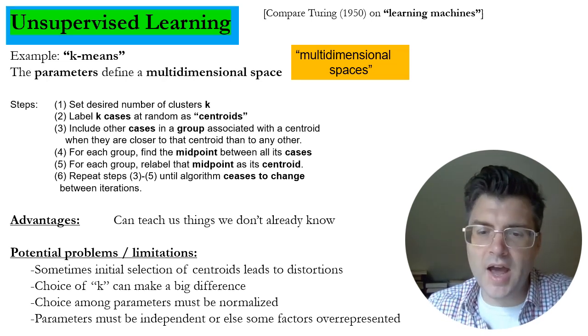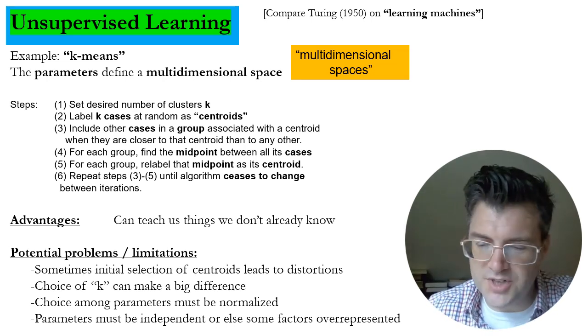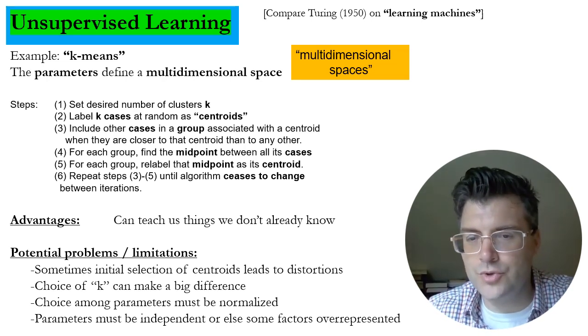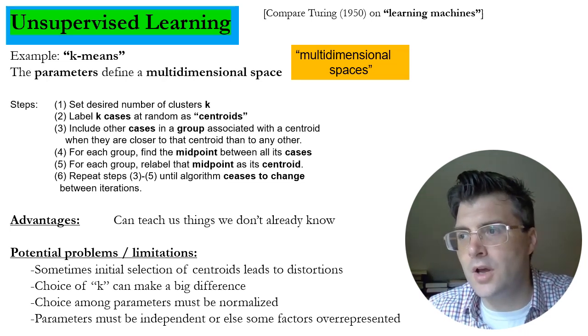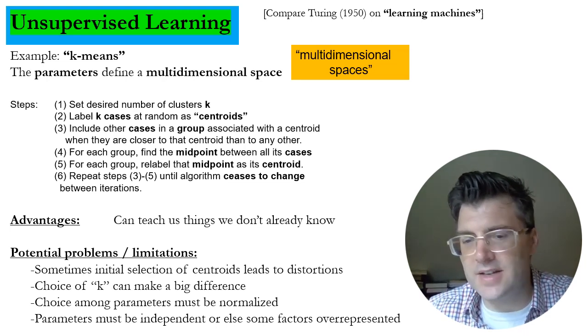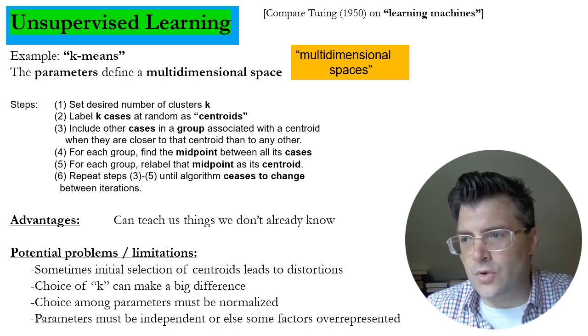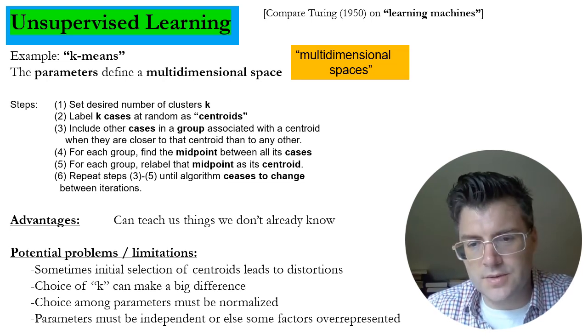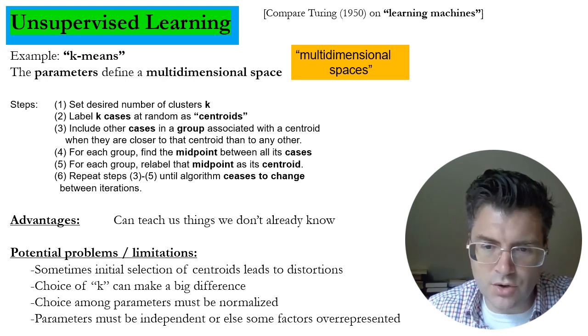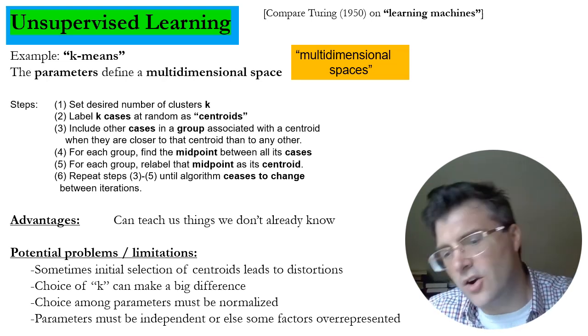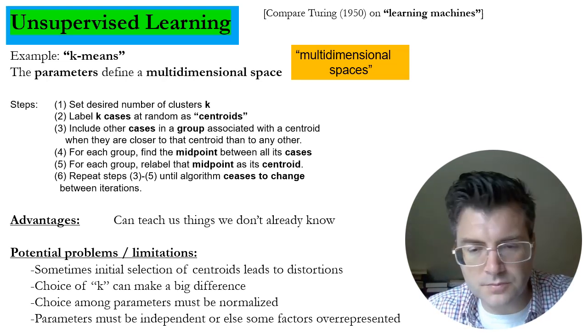So suppose you have, again, some big data set, and you just want to know whether the items in that data set, say the cases, fall into some recognizable clusters, so that some of those cases are more like some other cases than they are like others.